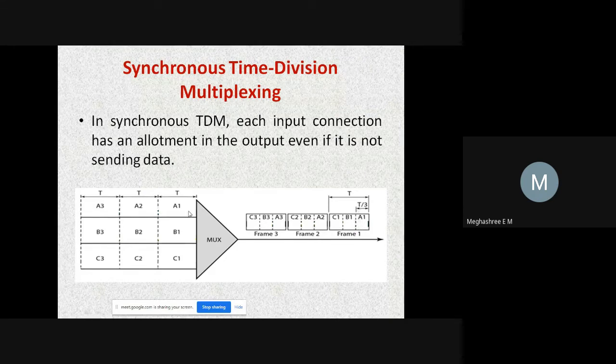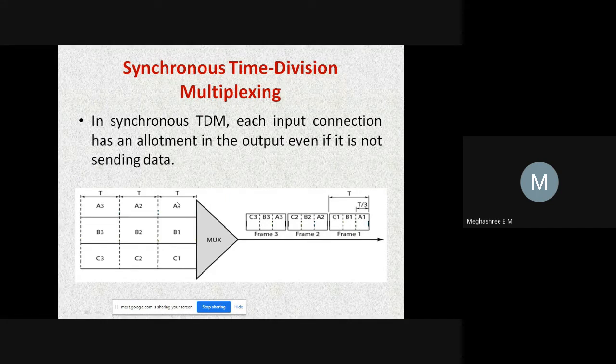So you do remember this is one input time slot, whereas this is one output time slot. For each input unit, it will have one output time slot.